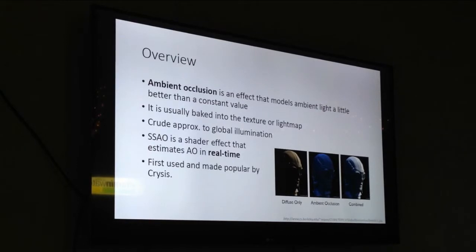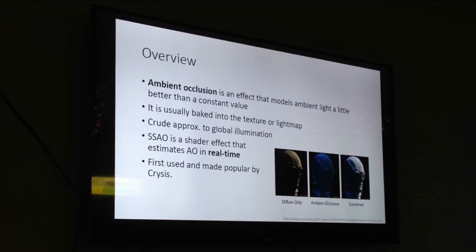But light in the real world doesn't behave like that. A better approximation is to model ambient light hitting spots that are easy to hit versus spots that are very hard to hit.